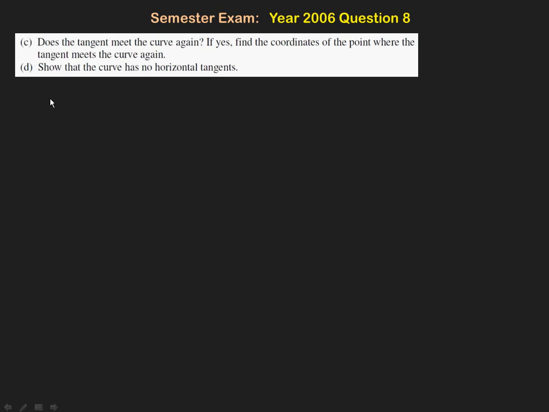Alright, this is part C. It asks you to check whether the tangent meets the curve again. Now how do we do that? I can think of a way, because we have the equation of the tangent from B just now, and also we are actually given this equation from the original question.